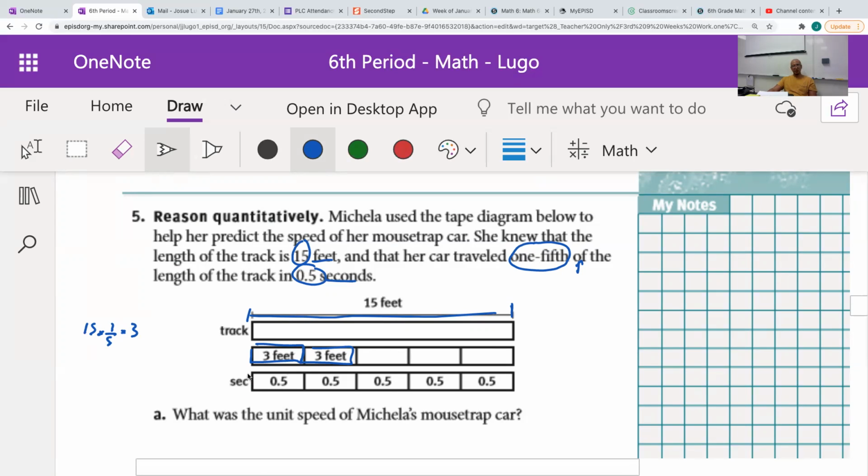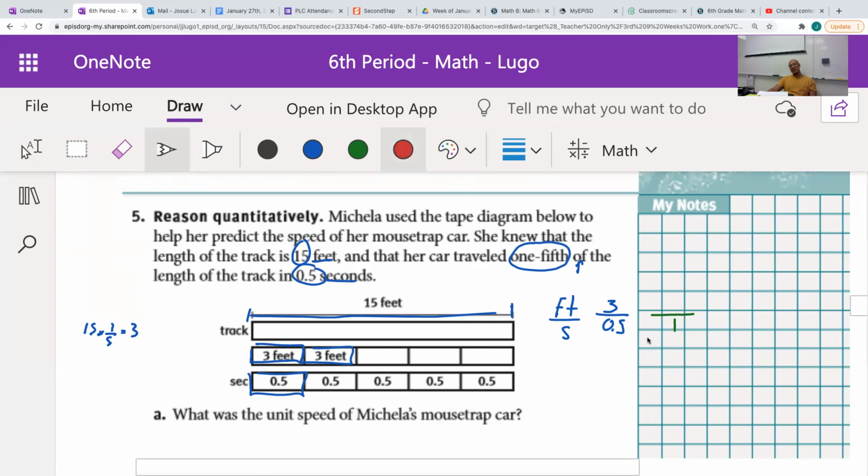And it's going to cover 3 feet in 0.5 seconds. So again, let's write down the information. We're comparing feet and seconds, and we cover 3 feet in 0.5 seconds. And now, of course, we want to know the rate of speed, how much is covered in 1 whole second.